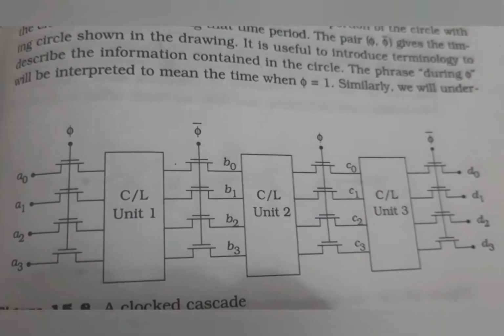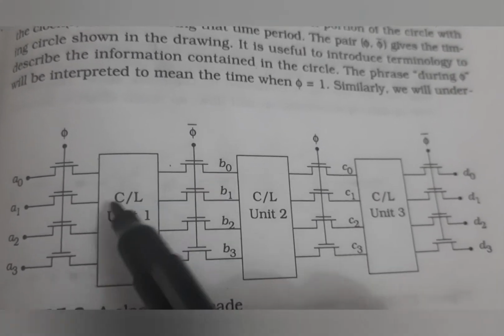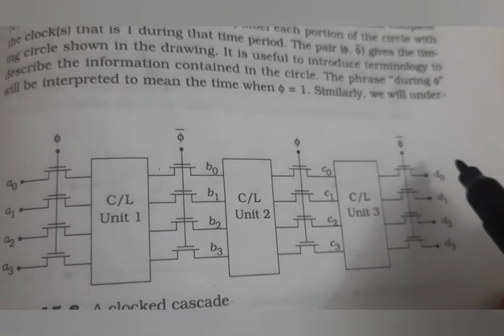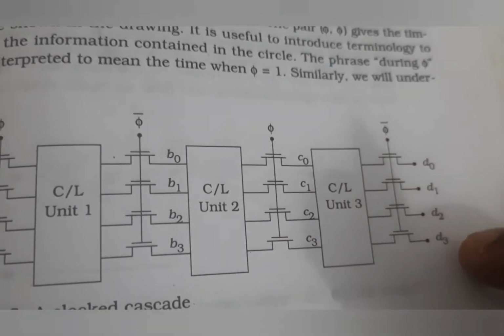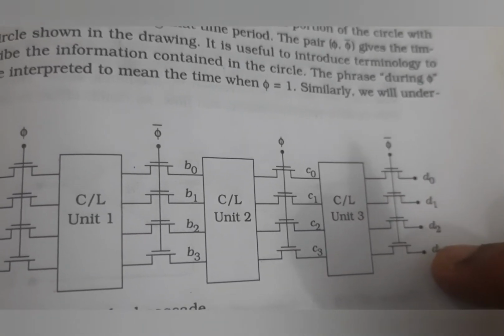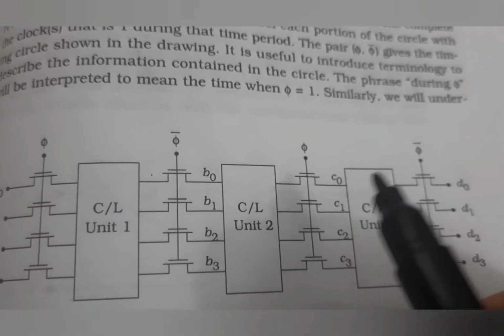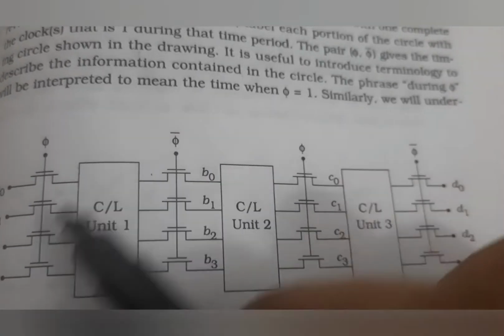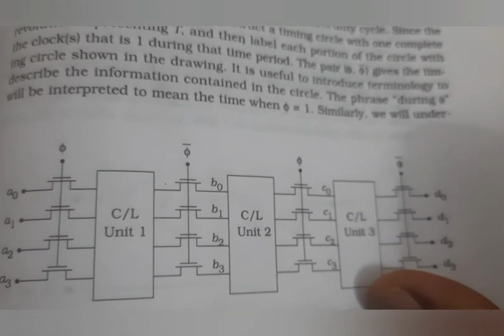Like that, in cascade connection, these values are passed to the next stage. So when we get D0, D1, D2, D3 and the output, the clock period, the frequency of the clock signal, defines the delay of the entire design.